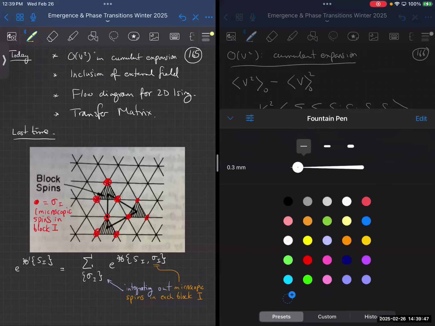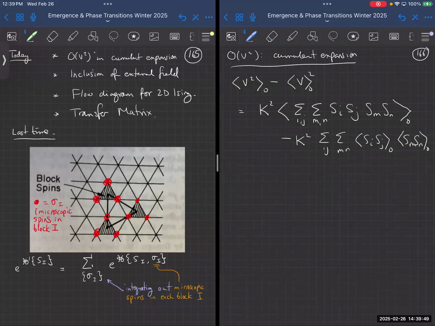Now, what does this mean? So I need to draw you this picture. So I'm going to now have to draw this block spin like this, and then the neighboring block spin looks like that.